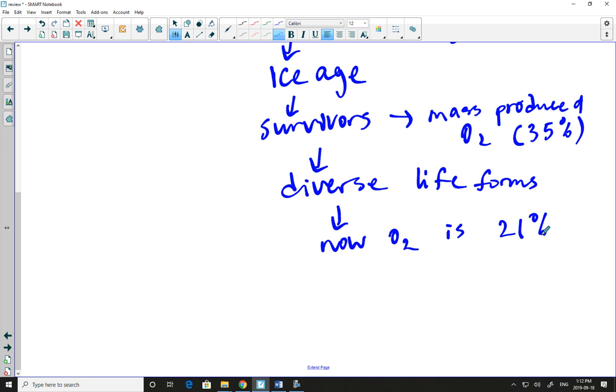About 78% nitrogen. And then carbon dioxide. That's 0.03%.